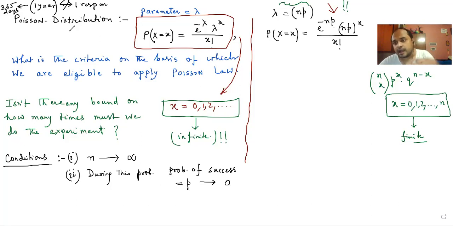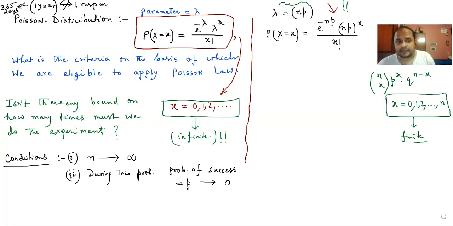So 1 year means, how can I put my number of experiments? I am trying to establish a probability distribution, or I want to check the Poisson distribution model for the given system. So I have to understand how to consider my number of experiments. Number of experiments means you feel the situation, pushing the vaccine and monitoring the person. Not each day, I must say each hour is counting.